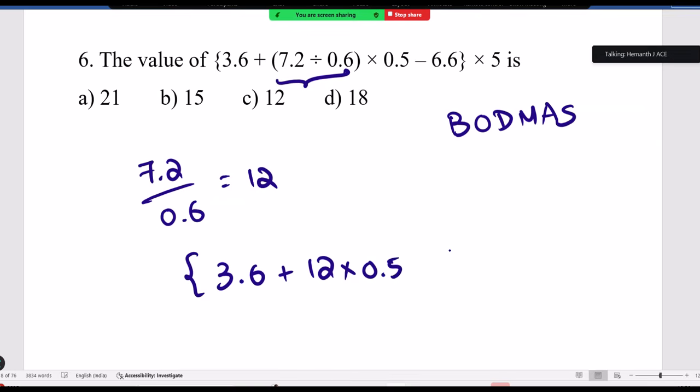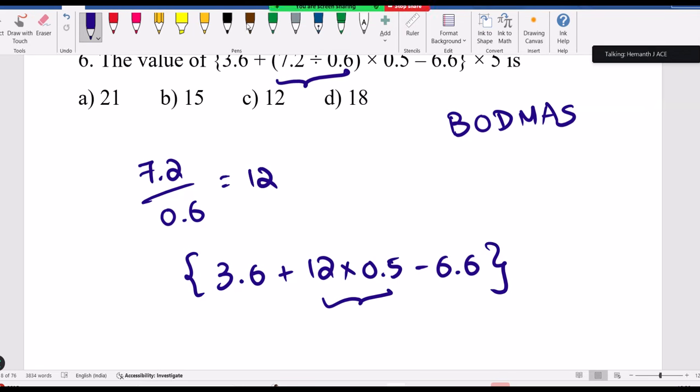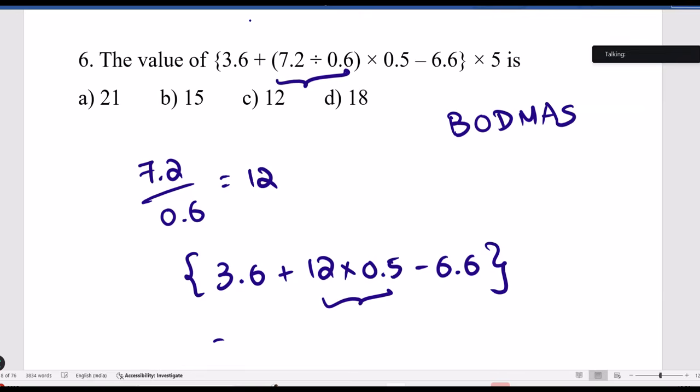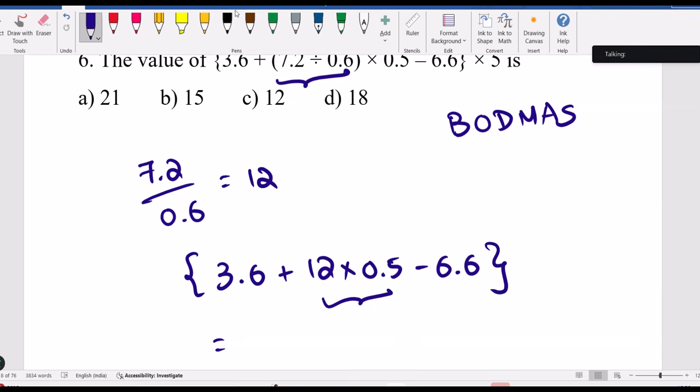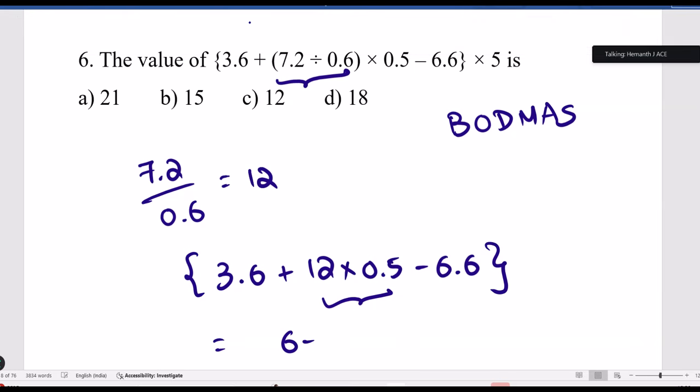Now when you come inside the brackets, division is not there, so multiplication we have to do. So 12 into 0.5 is nothing but 6. 3.6 minus 6.6 is minus 3. 6 minus 3, which is equal to 3.